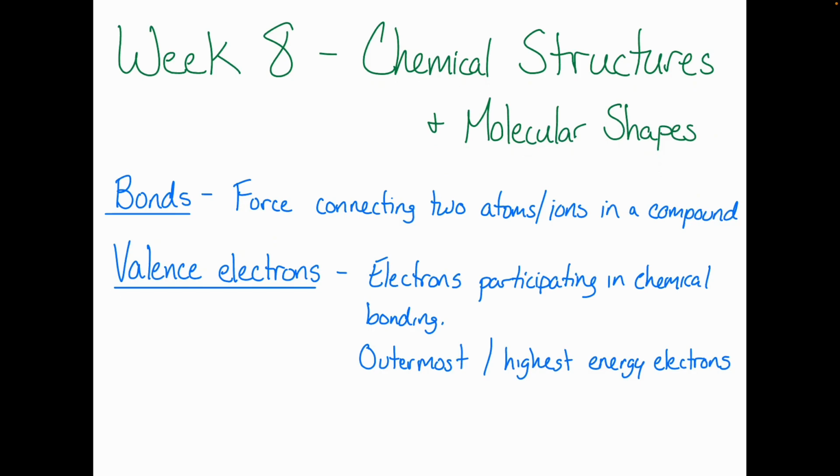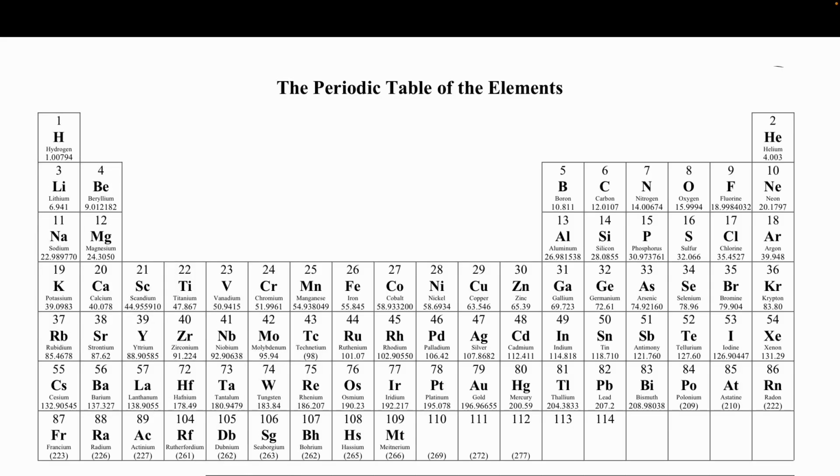Okay? So an important skill that we need for this chapter is to look at the periodic table here and to be able to determine the number of valence electrons in a given atom. All right? And so it turns out that much like the charge that ions form, this has to do with patterns about where elements live on the periodic table, specifically what column they live in on the periodic table. All right?